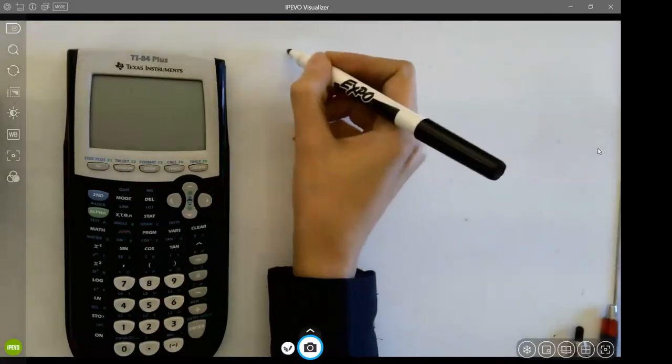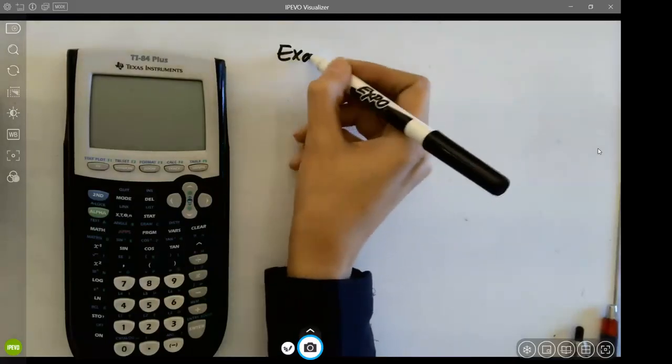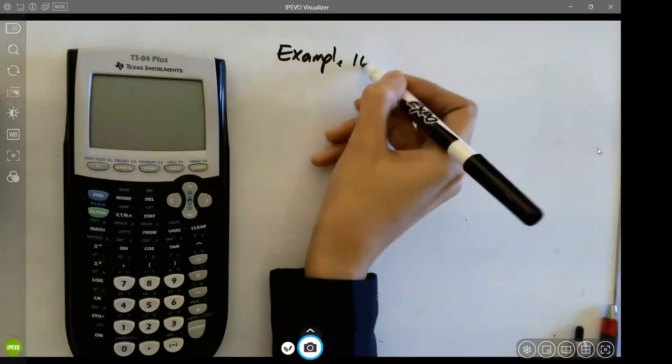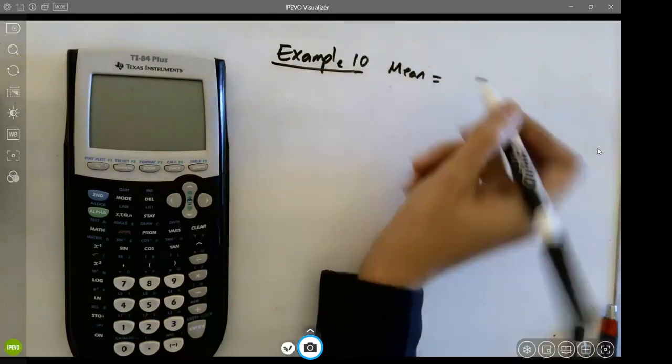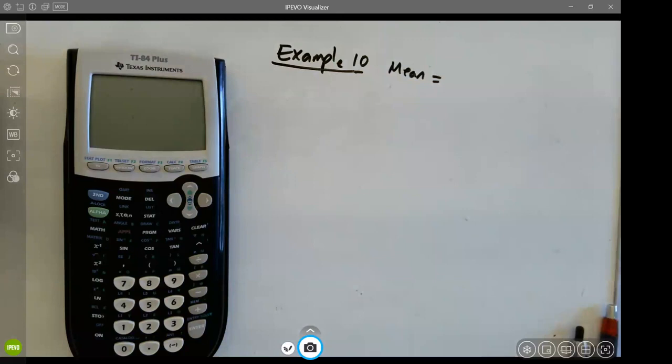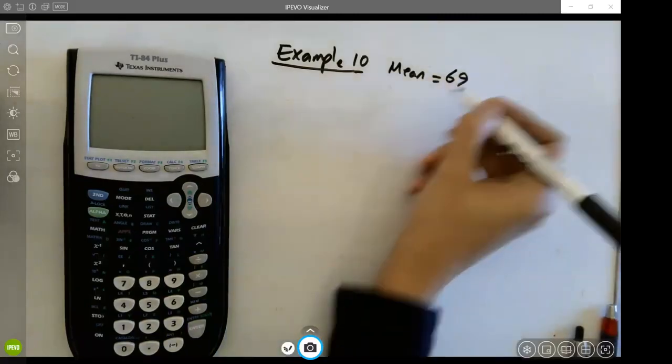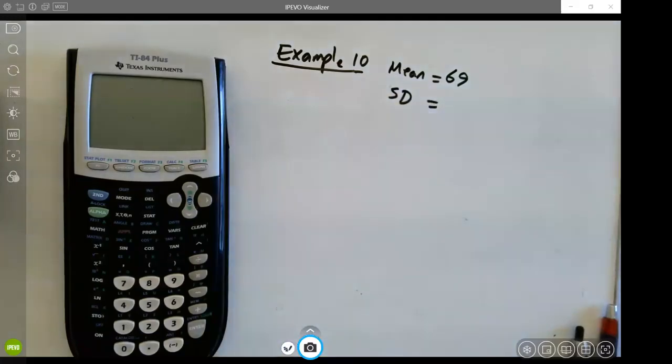So this is example 10. The mean is given to us. So let us get back to our note, find the given mean. The mean is 69 inches, and the standard deviation given to us is equal to 3.